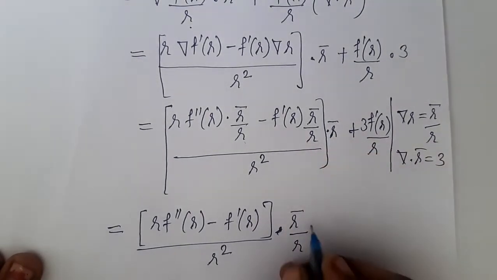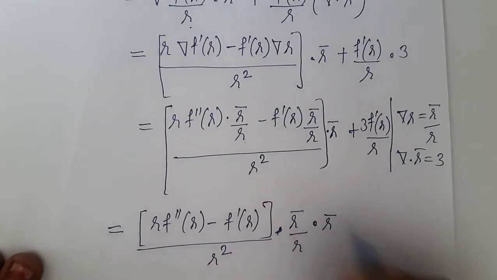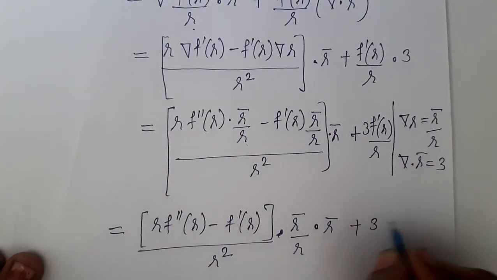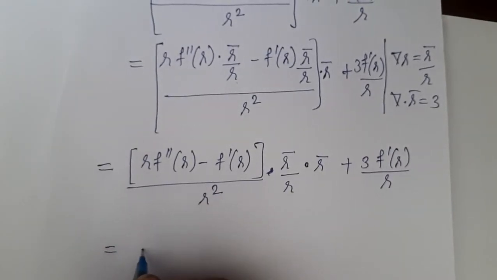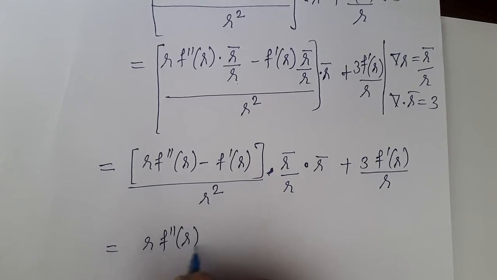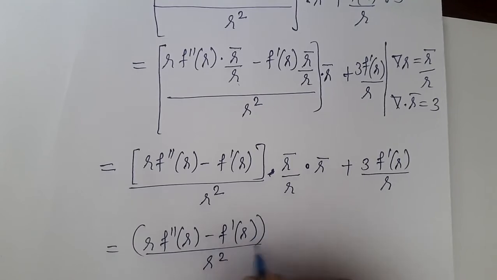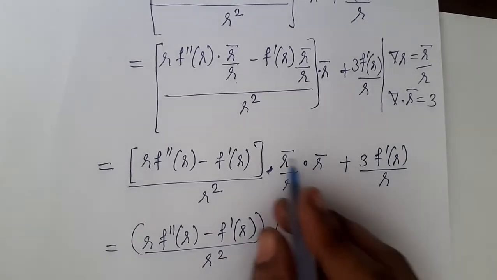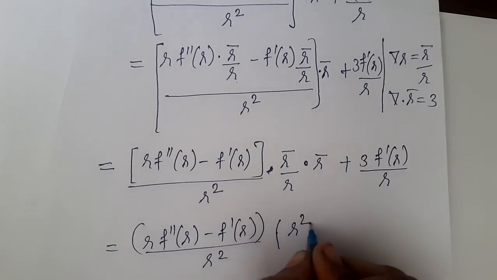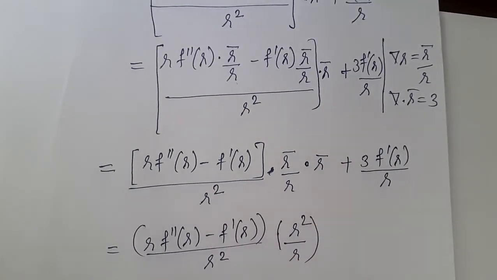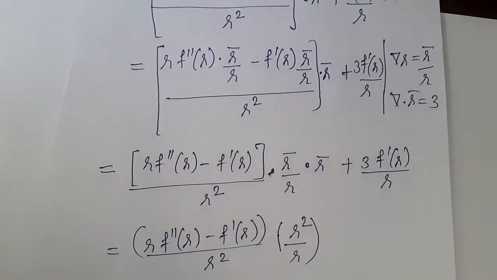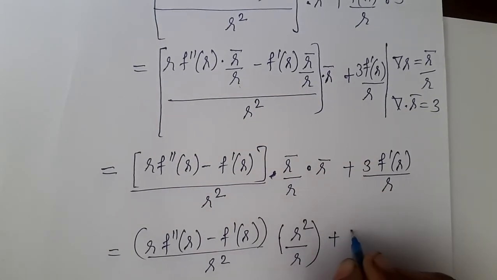This is a dot product with the r vector, plus 3 times f dash of r divided by r. So this is equal to r into f double dash of r minus f dash of r as it is, divided by r square multiplied by r dot r. R dot r is nothing but r square divided by r, plus 3 times f dash of r divided by r.